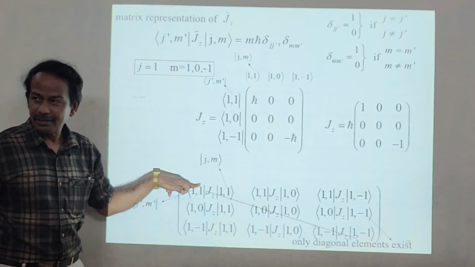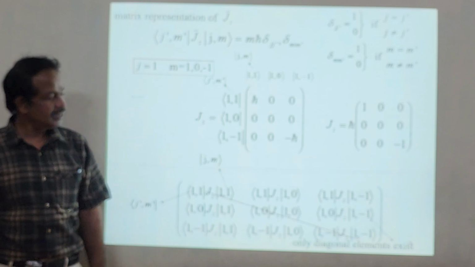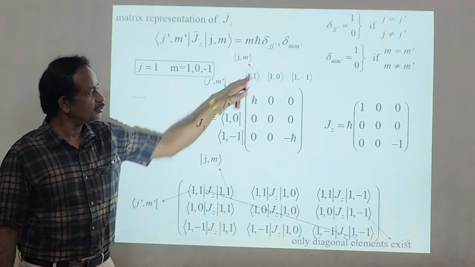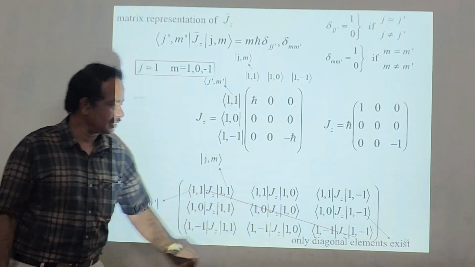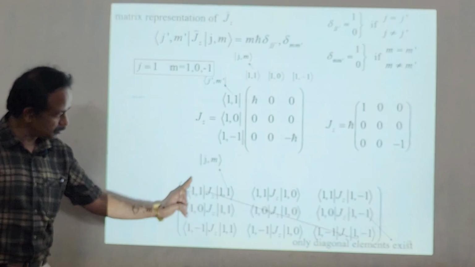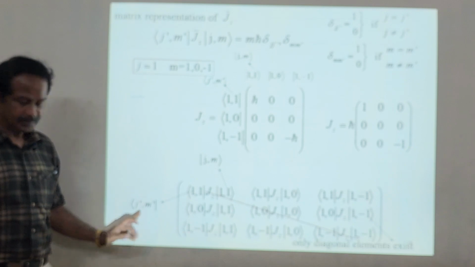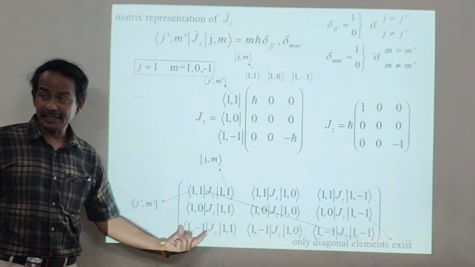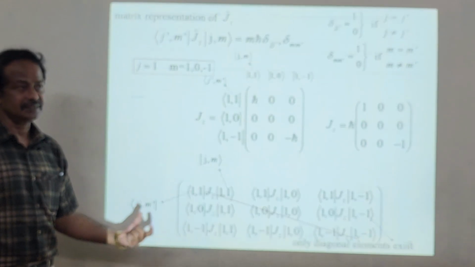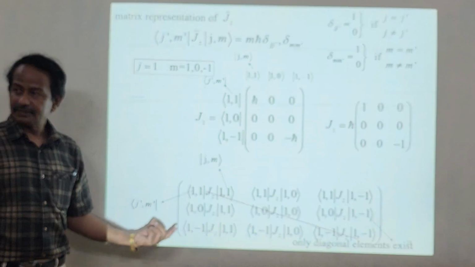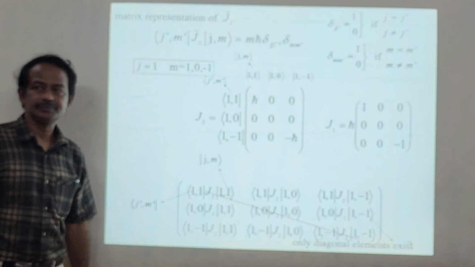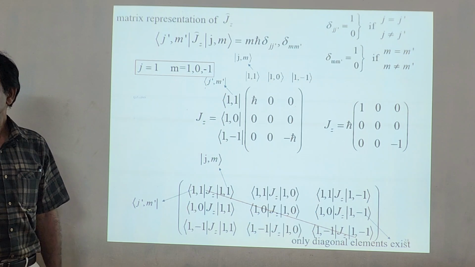They are all diagonal elements, and the off-diagonal elements can be written using this, exactly like this. The first one represents j, the second one represents m. So this is the complete, general representation of Jz in terms of a matrix. Any doubt? Okay.